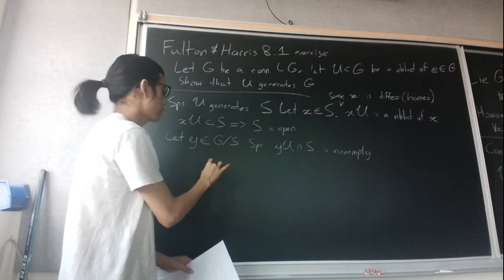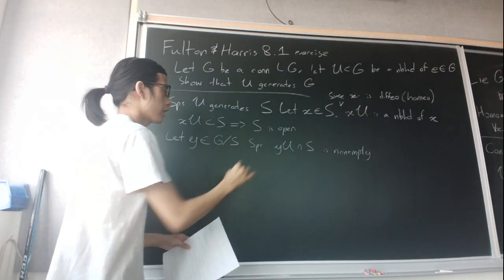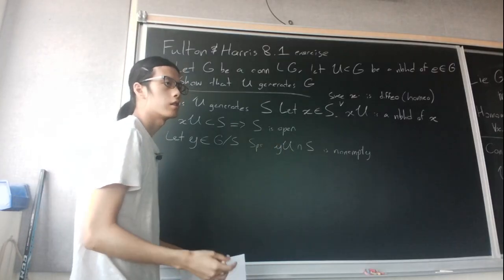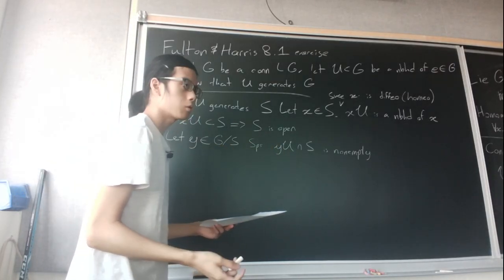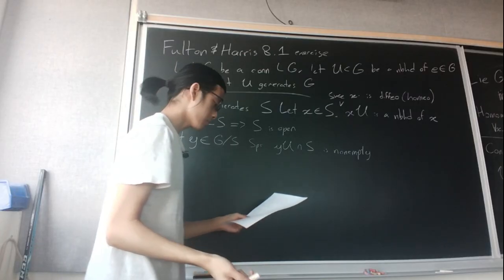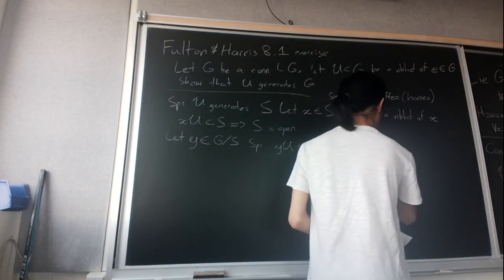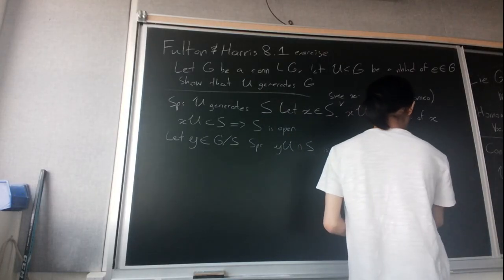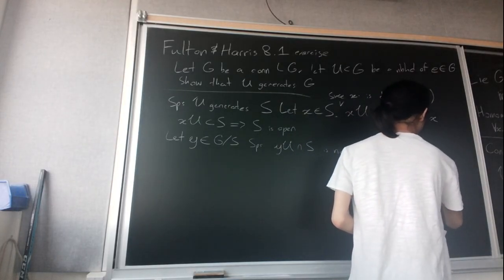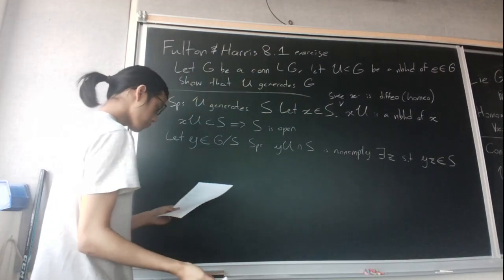So I'm taking something not in this generated set, and I take this particular neighborhood around it. I suppose it actually touches the generated set. We're going to show that's not possible. Because if it intersects, then there exists some Z such that YZ is in S.